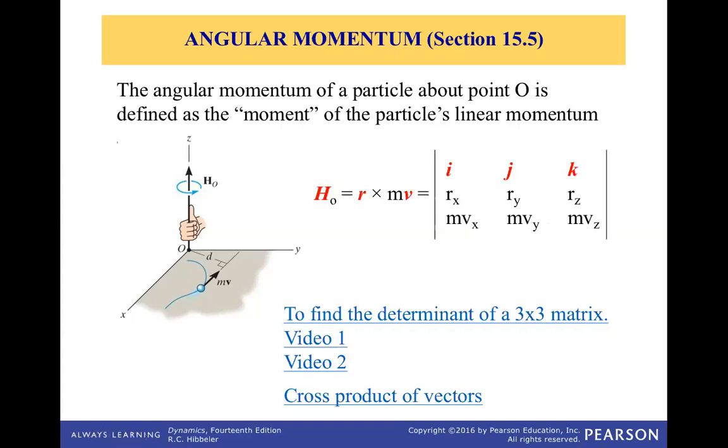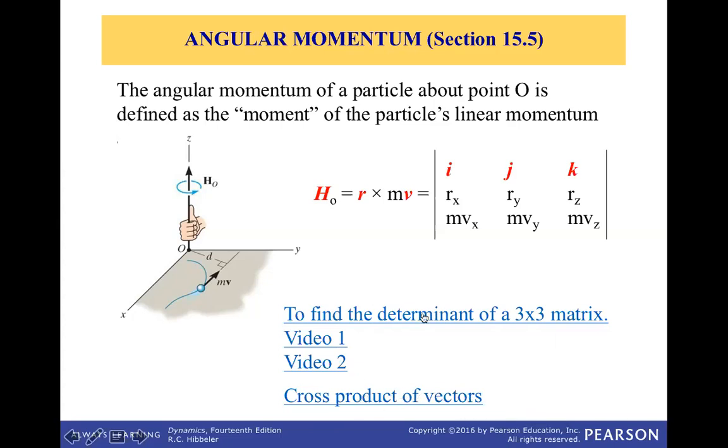For those of you who took physics 1, we already talked about this, how to do vector multiplication when you have 3-dimensional vectors. If not, then you can refer to the links I posted over here. So cross product vector, you can click on this one.